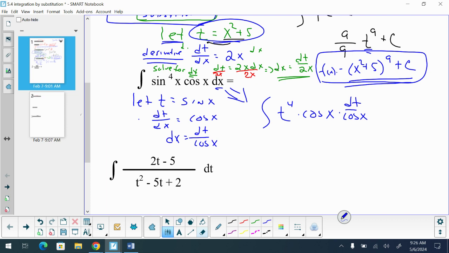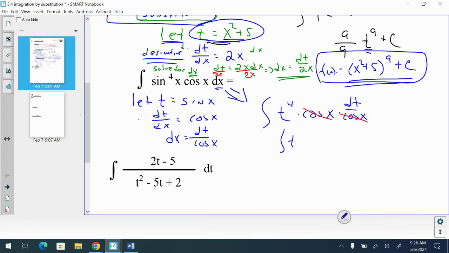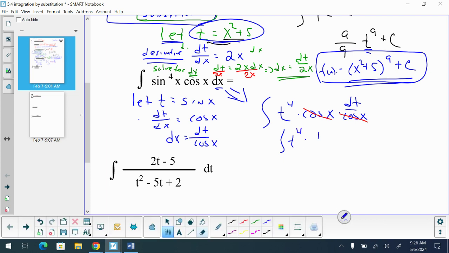What happens to the cosines? These will cancel. So we're left with the antiderivative of t to the fourth dt. So I can take my antiderivative of t to the fourth and add 1 to the exponent, divide that by the coefficient. Coefficient's the value of 1. And then back substitute.